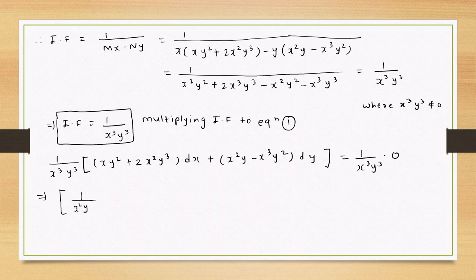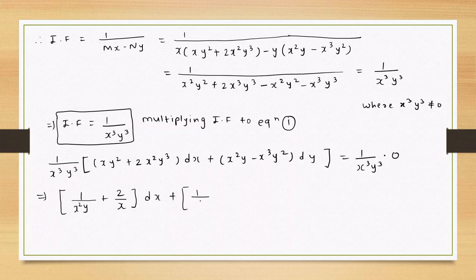So it is (1 upon x square y plus 2). Now y cube and y cube get cancelled, x square gets cancelled with the x cube, and we are remaining with only x. So 2 upon x, dx. Now plus, x square cancels with x cube.